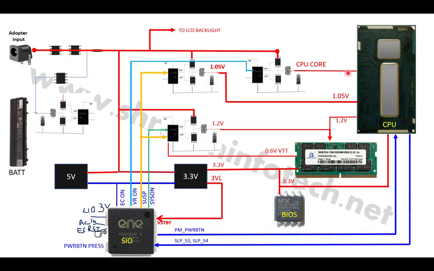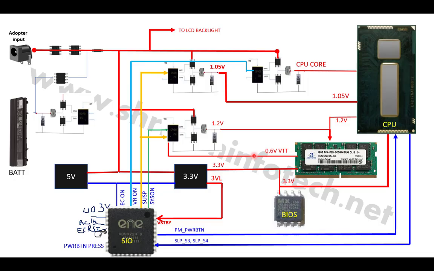Okay, here the CPU core voltage is not an exact voltage, because the CPU core voltage is considered in terms of current. The rest of the voltages are fixed, like 1.05 volt, 1.2 volt, 0.6 volt; these are the fixed, accurate voltages. But on the CPU core there is no accurate voltage, because the CPU core voltage is considered into the current.